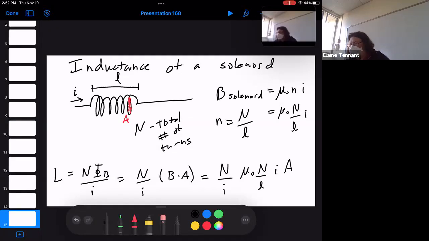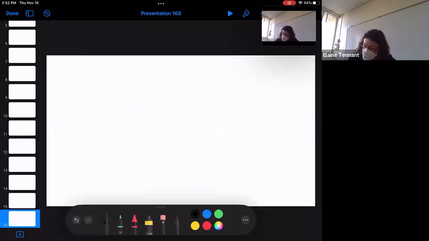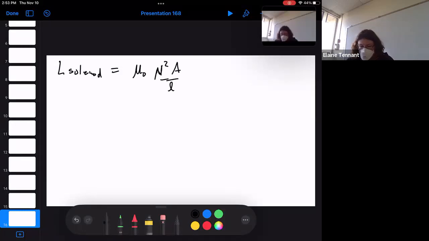So looking at this, anything cancel out? Yeah, so my I's are going to go away. My N's are going to come together. And so the inductance of a solenoid is going to equal mu naught N squared A over L. That's an N. Okay.